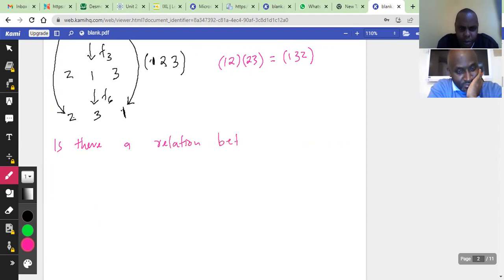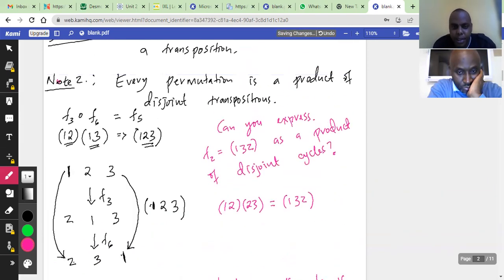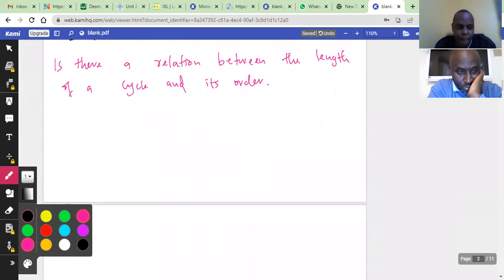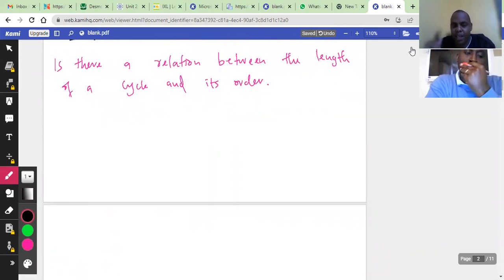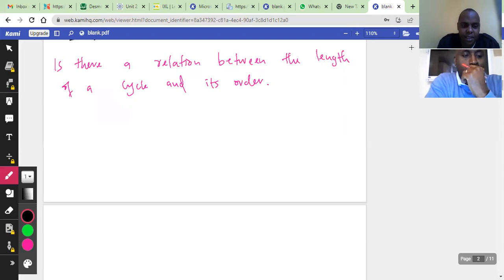We can as well do it now: is there a relation between the length of a cycle and its order? Let's see if it's going to be the same for S4, because we can only get the generators if we come up with a strong conjecture.